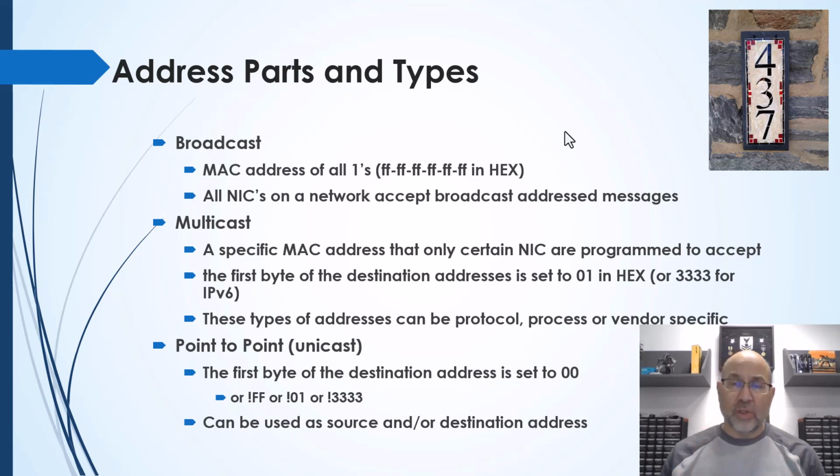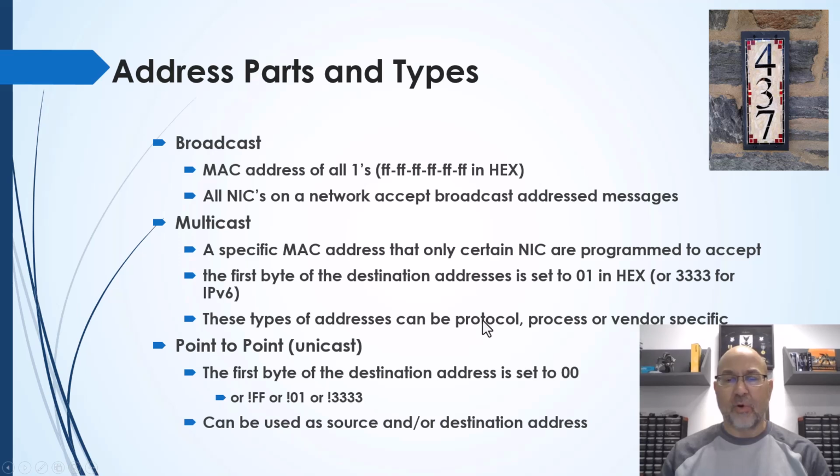All of the source MAC addresses in an Ethernet frame will always be unicast, but if the destination has all Fs in hexadecimal values, that means it's a broadcast frame. And this is going to go to everybody. So your networking devices have a particular set of rules that they use for handling broadcast traffic. Multicast traffic is similar.